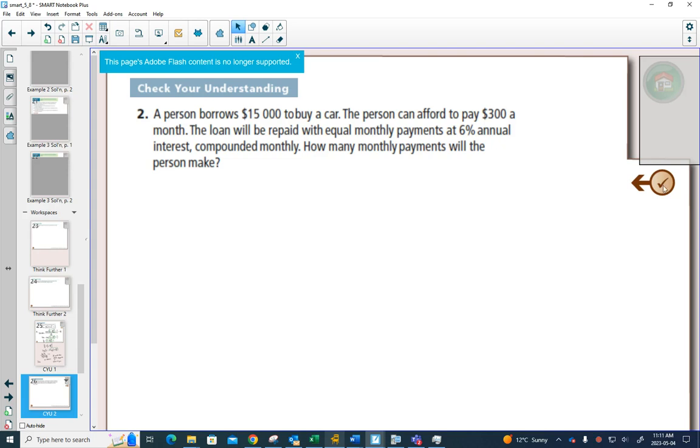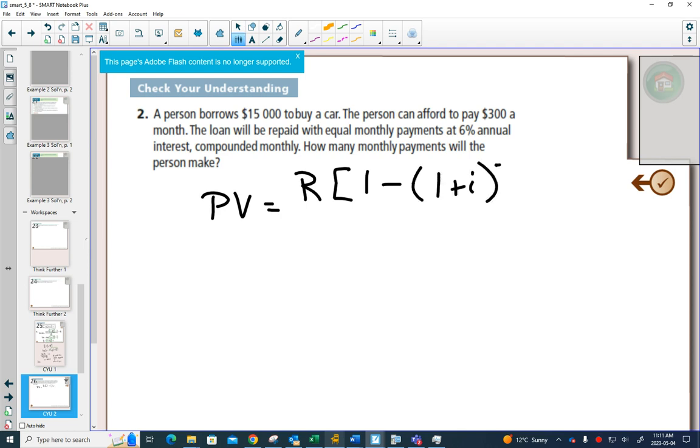Again, you would be given this formula. That formula would be given to you, and again, it would explain everything, including that the I value is your interest rate divided by the number of compounding periods.